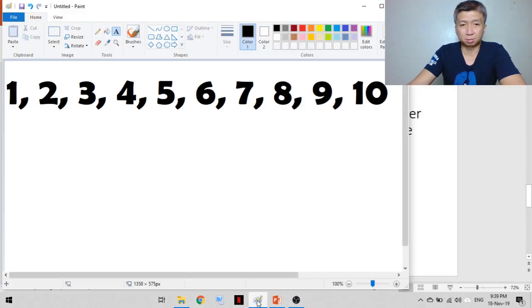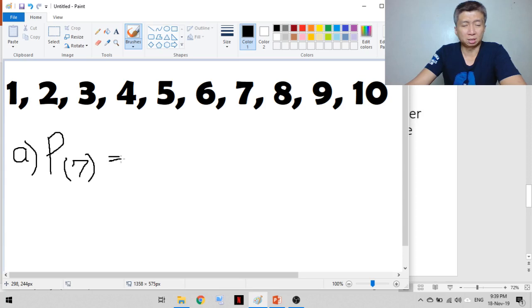So, anong probability na makukuha niya number 7? So, again, numbers 1 to 10. Kuha tayo ng brush. So, for letter A, the probability that the number is 7.